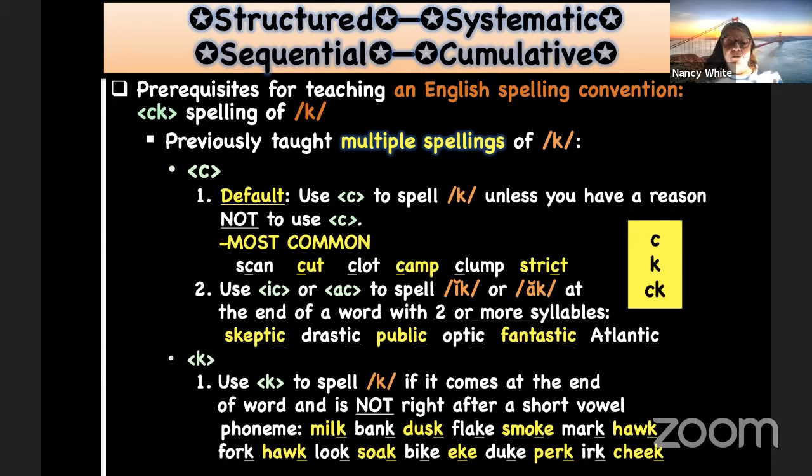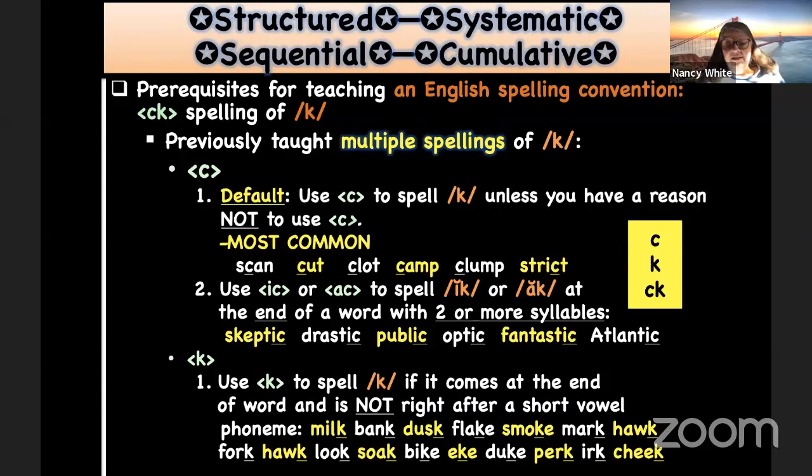I'm assuming that you're responding, so humor me and move your mouths, or say it out loud, even if I can't hear you. In bank, you have a consonant sound before the k. In dusk, the phoneme before k is s. In flake, the k follows a vowel sound, but it's not a short vowel sound. Ache, that's a long vowel sound.